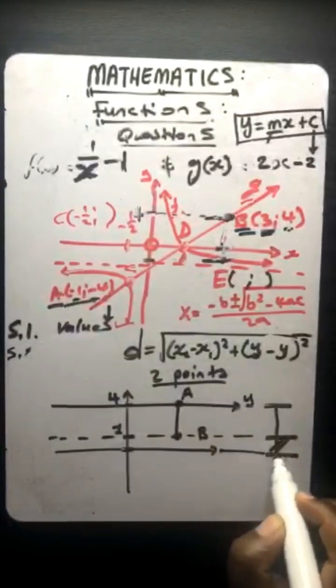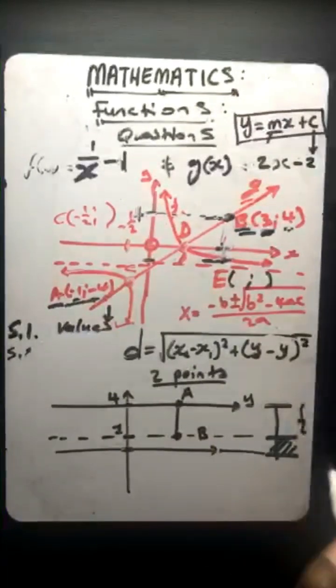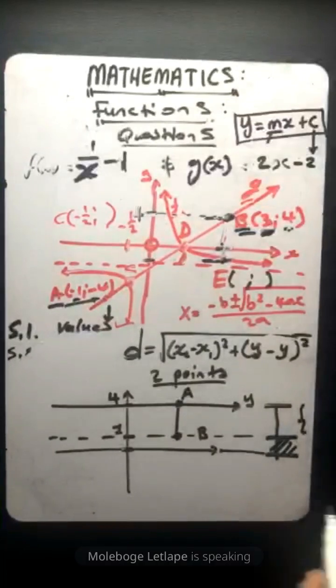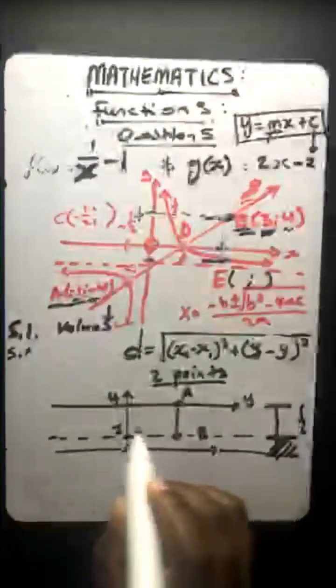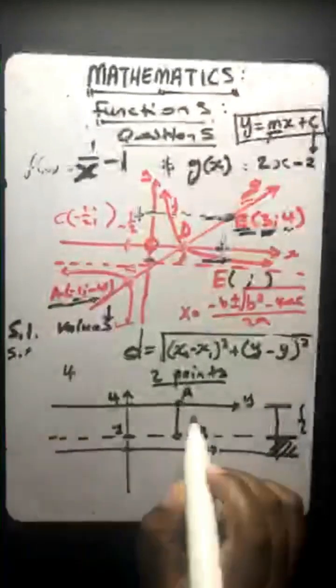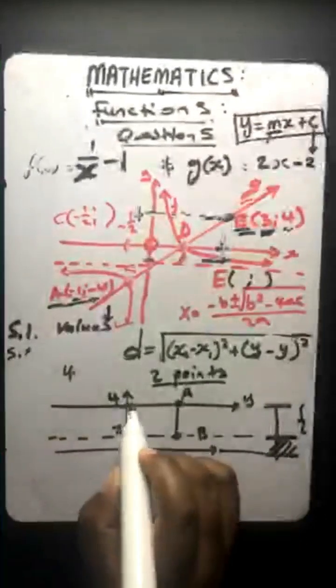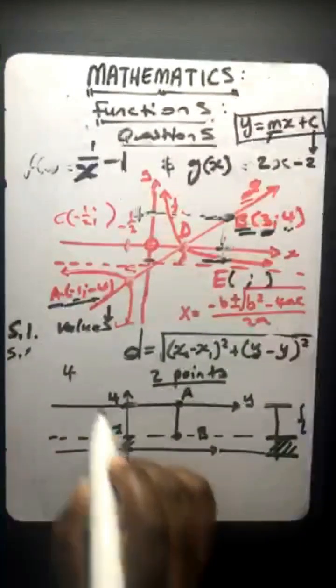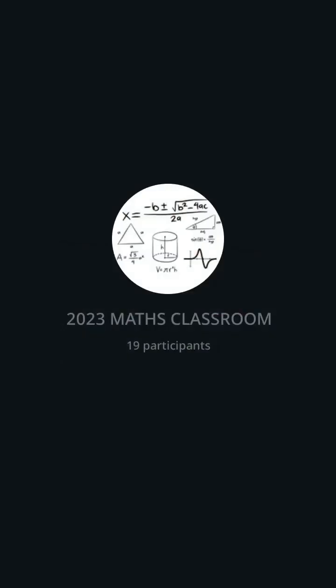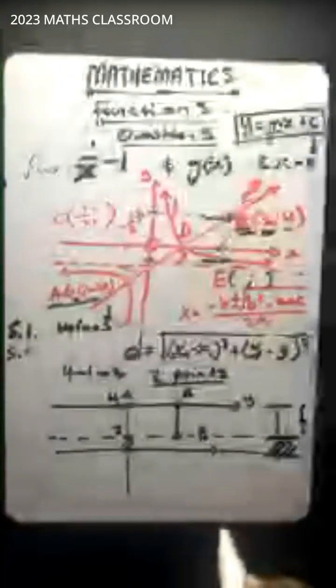If you minus it, then you will remain with that. So the length of AB is 4 minus 1. So you're going to have 3. So from there to there equals 3.